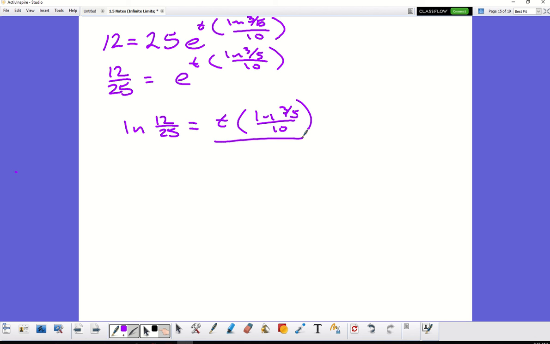Divide both sides by all of this mess right here. There we go. So now just plug this in the calculator to get your approximation for t.